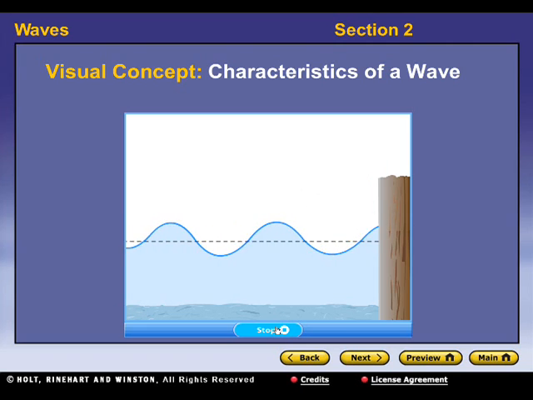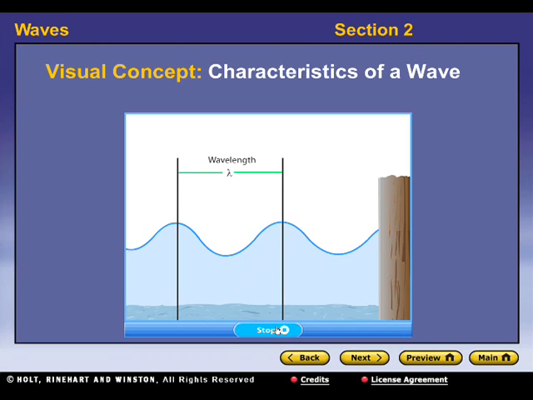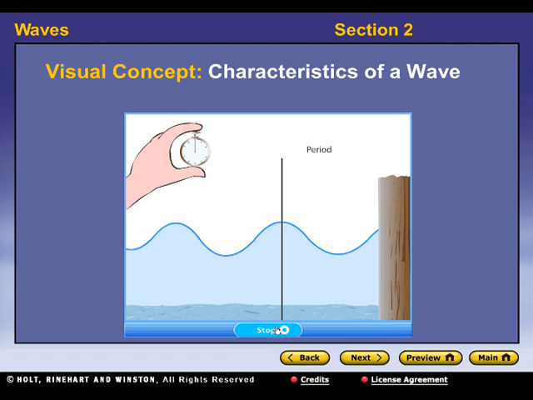Amplitude is the height of the wave. It is the maximum distance that the particles of a wave's medium vibrate from their rest position. Wavelength is the distance from any point on a wave to an identical point on the next wave. Period is the time it takes for a complete cycle or wave oscillation to occur.